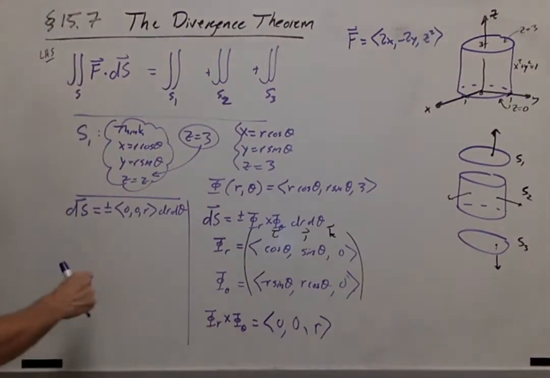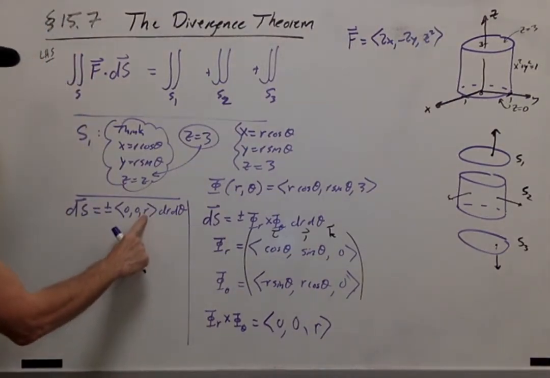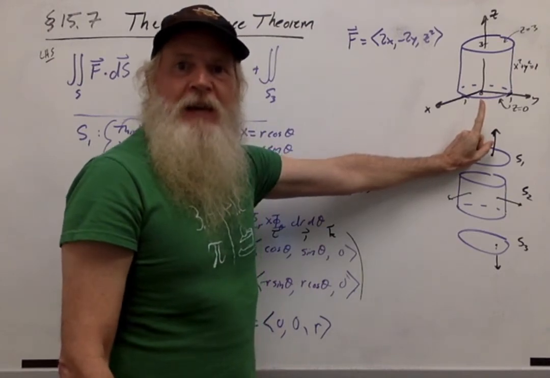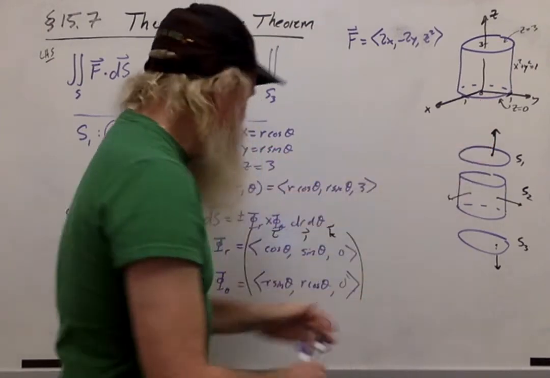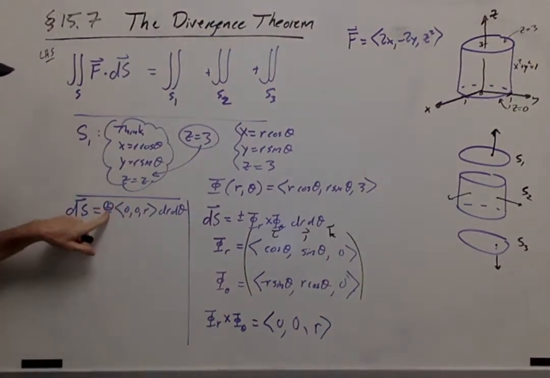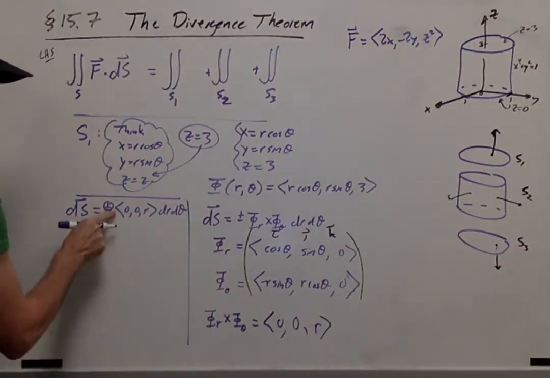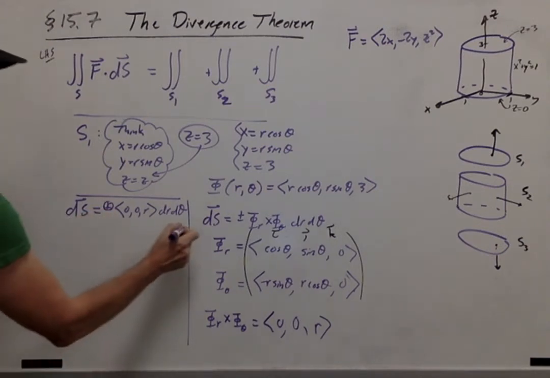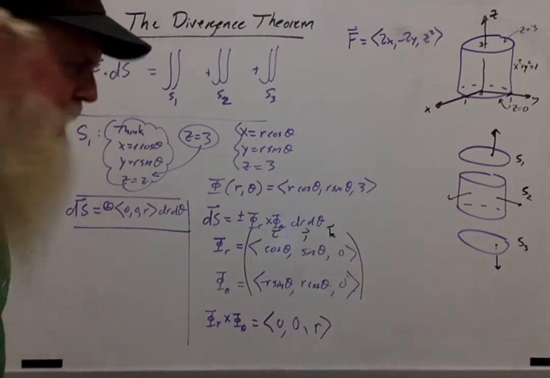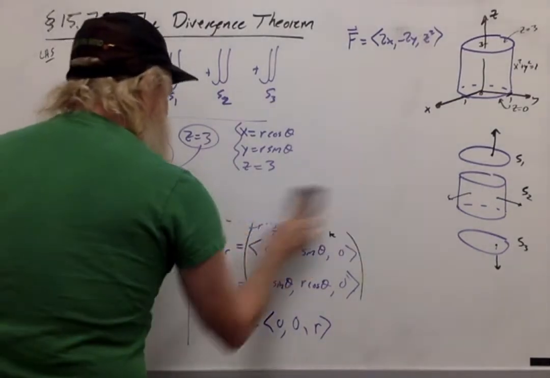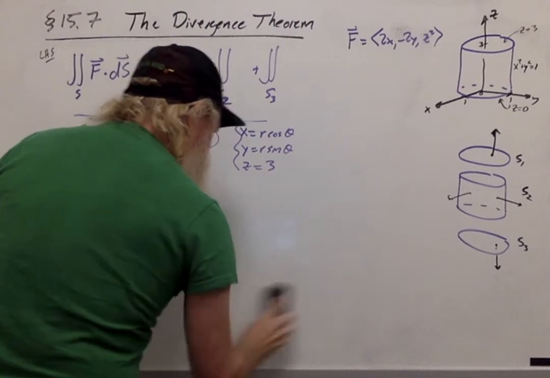Also, when we set up our bounds, we're going to have r positive, and I want the z component to be positive for this cross product. So that means I'm going to choose the positive of the positive and negative. So dS is going to be 0, 0, r dr d theta. And now we're ready to set up and carry out the integral.